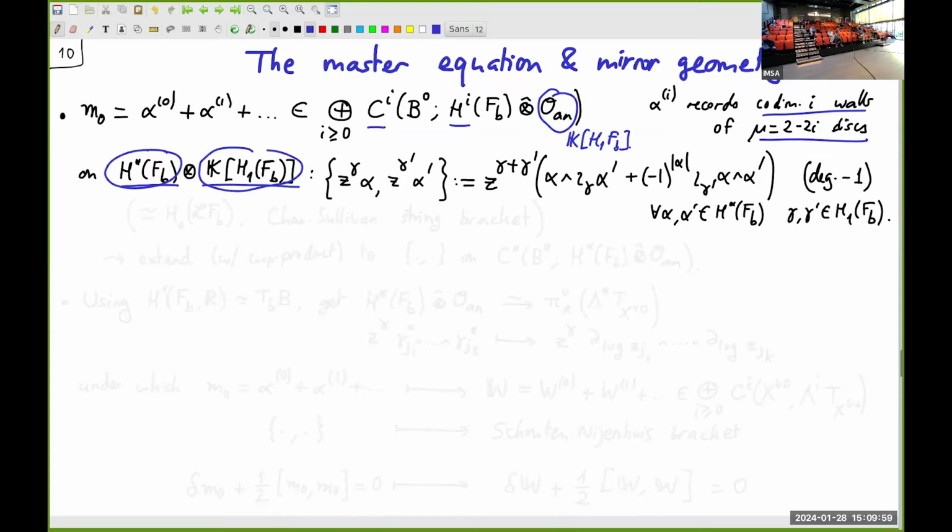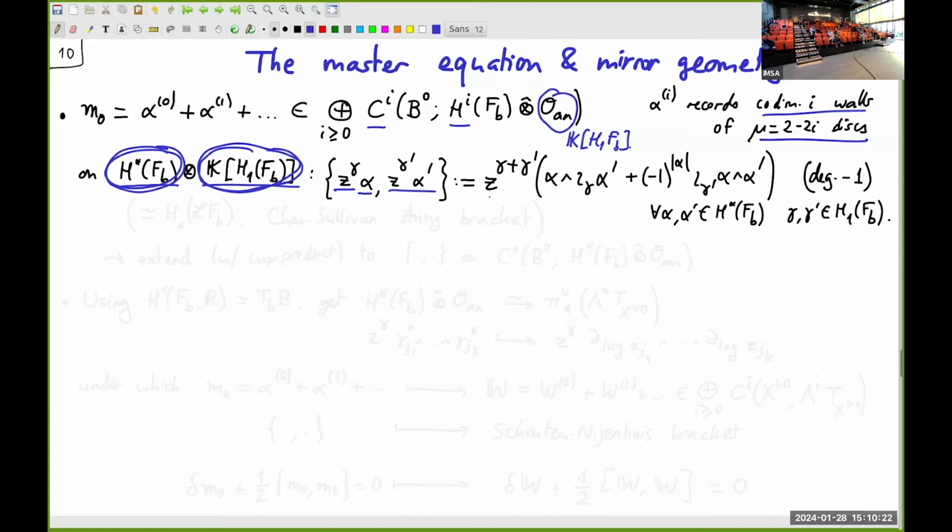Okay. So what I can do is take the operation where I take a monomial z to the gamma on this side, times a cohomology class alpha. Sorry, I think my notations are kind of messed up, whatever. And I have another one, z to the gamma prime times alpha prime, and I multiply them.